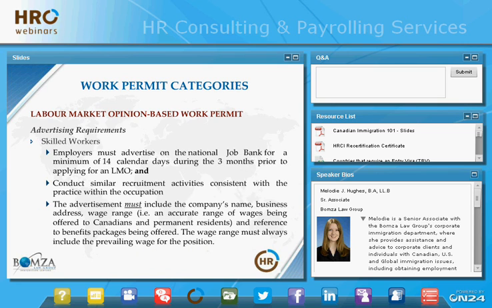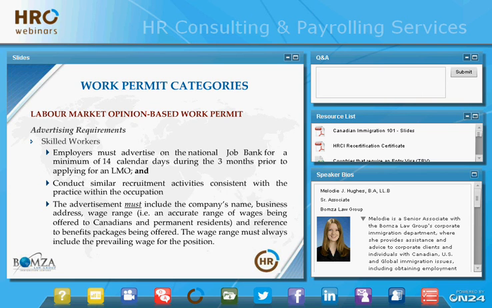In addition, when you're advertising for a skilled level position, the advertisement must include key information, including the company's name, the business address, the location where the work is expected to take place, a wage range, while noting that the range of salary must include at least the prevailing wage, and other key references to any benefits or other bonus packages that are being offered as part of the position.